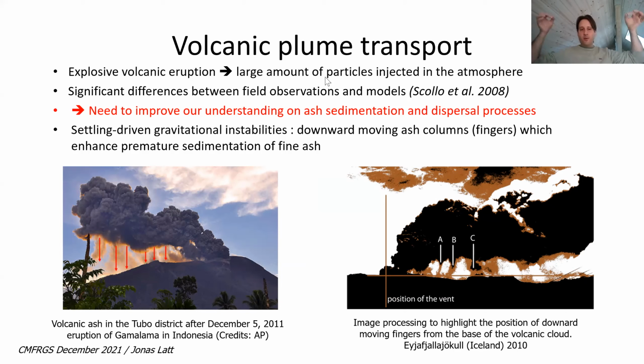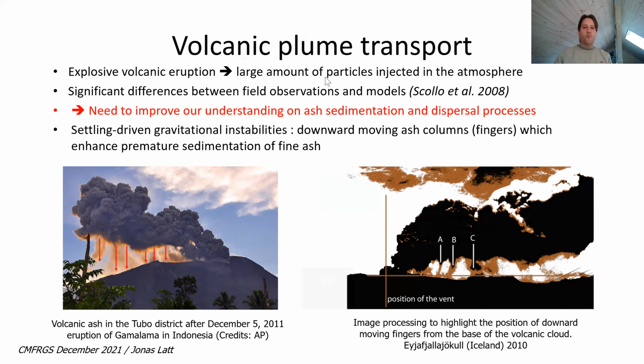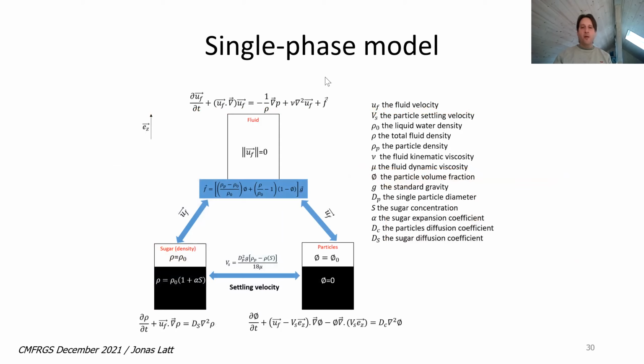You see rains of ashes falling from the plume, and those rains of ashes are due to instability. We are investigating the types of instability which can explain those fall downs, which are important to understand the place where the ashes of an eruption are going to fall down.